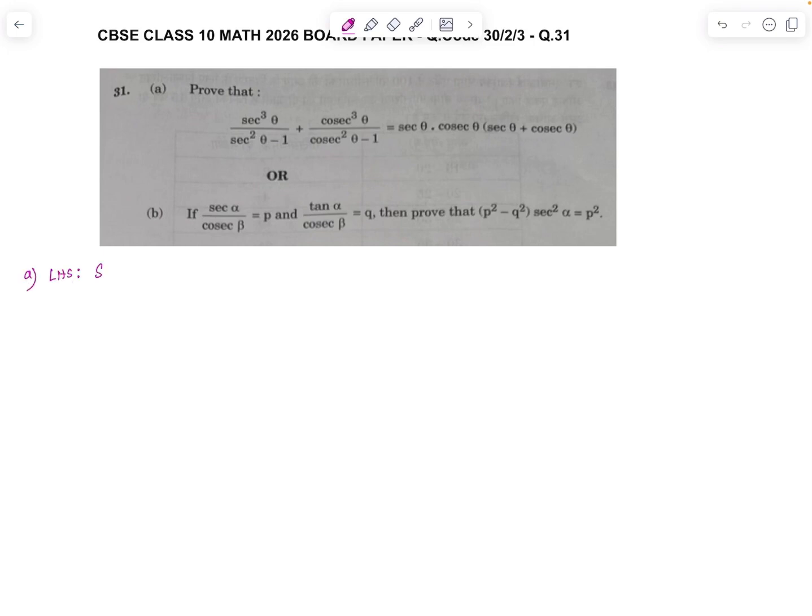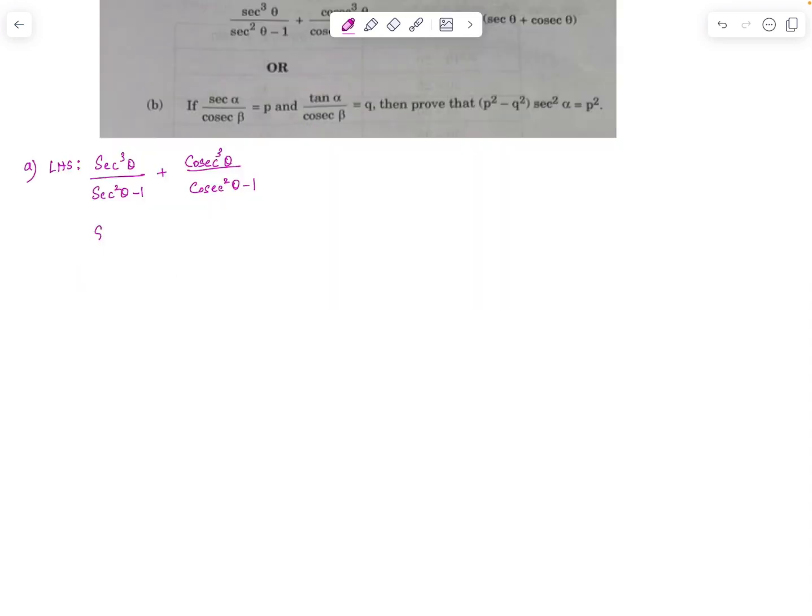LHS is secant cube theta upon secant square theta minus 1 plus cosecant cube theta by cosec square theta minus 1. Let's retain sec cube theta as such.